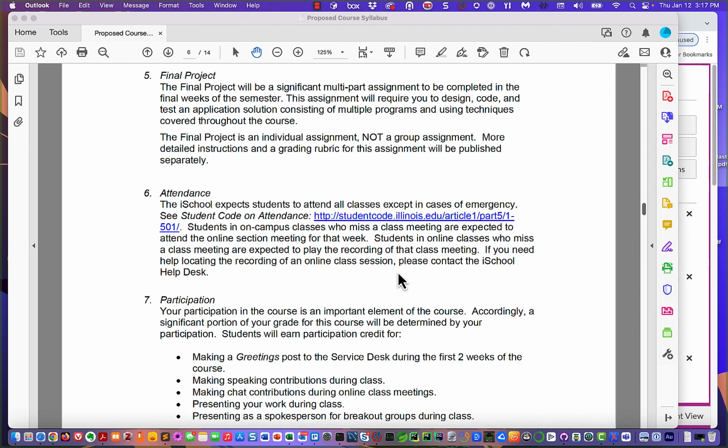Attendance is important. It's required. It's not graded per se, but because we grade participation, and almost every way that you earn participation points is by being in class, it's graded indirectly. If you miss a class, it's really easy if you're in the online section.